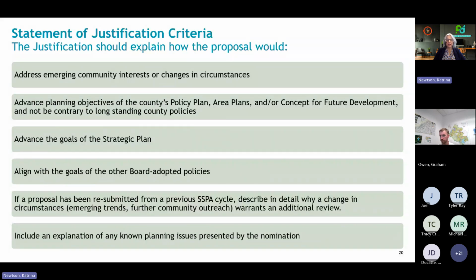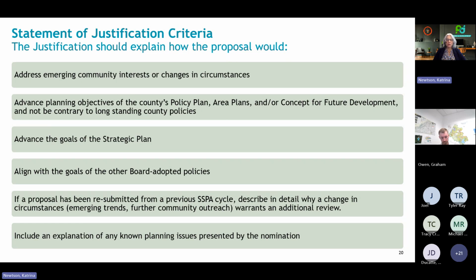The statement of justification for the nomination needs to address emerging community interest and changes in circumstances, as well as advance objectives of the comprehensive plan, advance the goals of the strategic plan, and align with other board-adopted policies. If a nomination was submitted in the prior round but not accepted, the nominator will have to provide a detailed description of the change in circumstances for the property this time around.